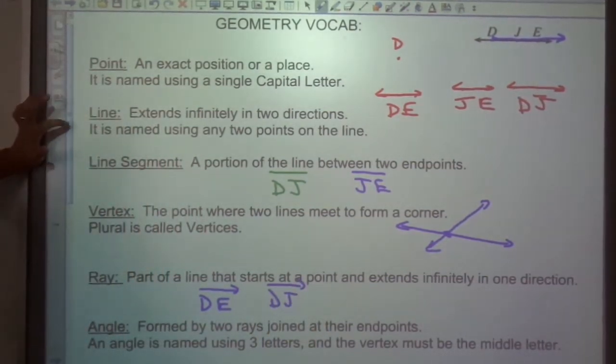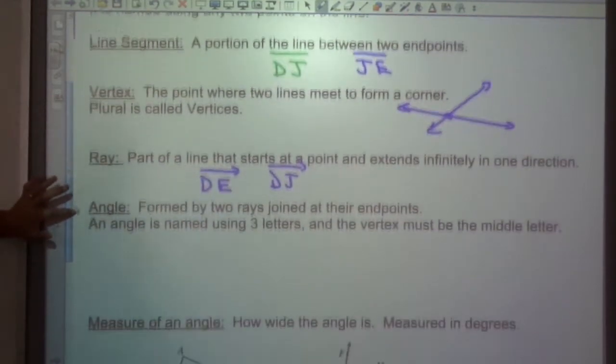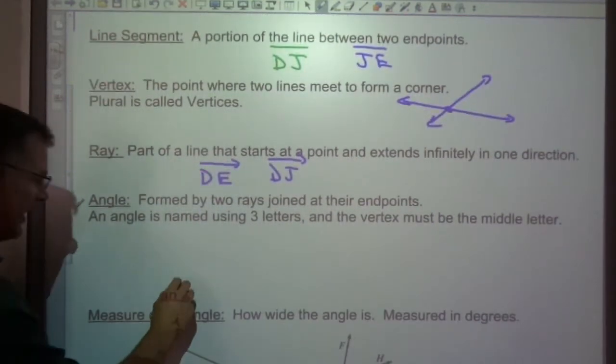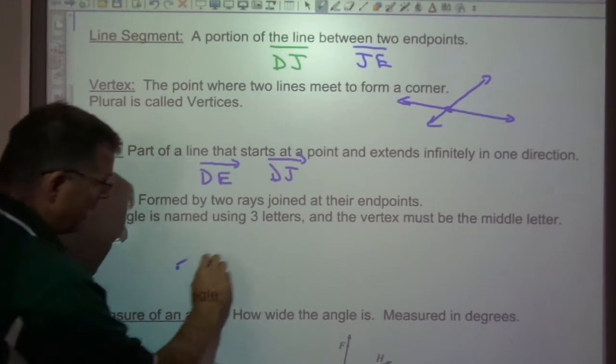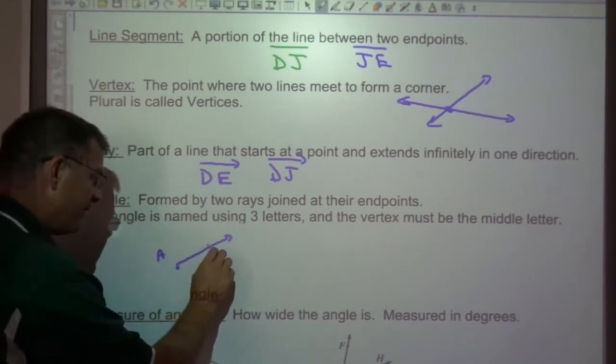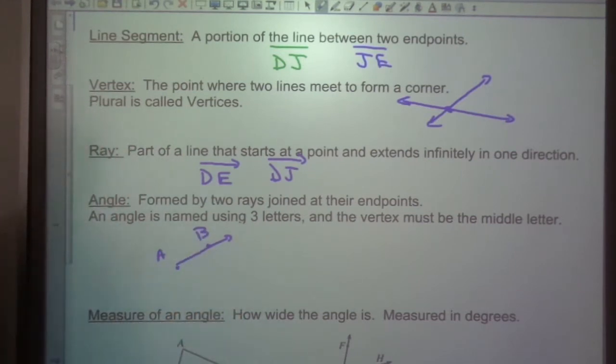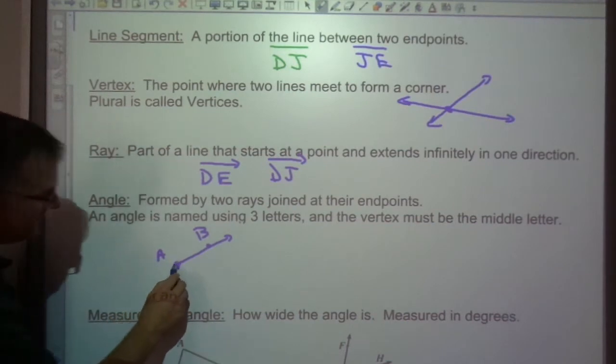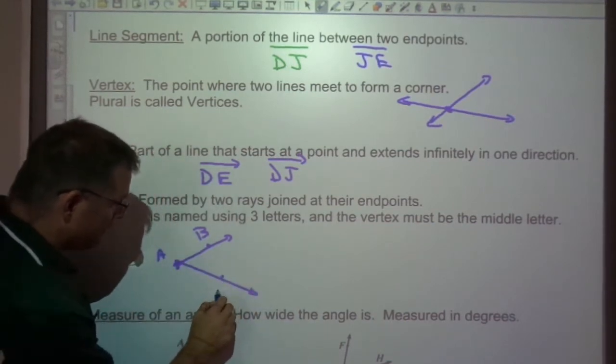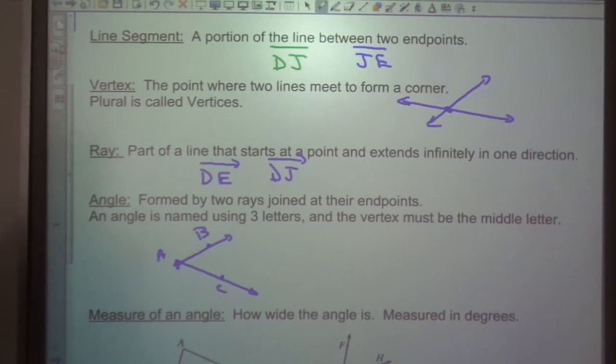Okay? Now if I have two rays, and they're joined at their endpoint, let's say I've got ray AB, and I've got another ray AC, that share this common vertex of A, this forms an angle.